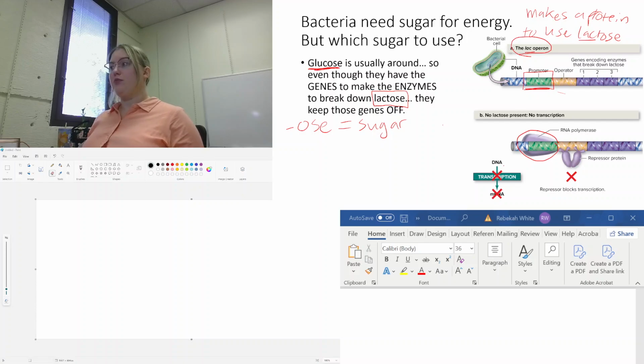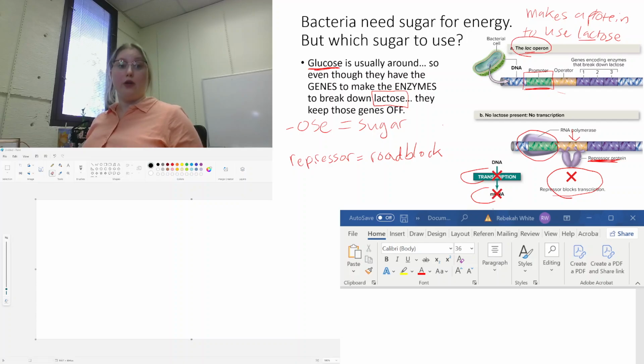If the repressor protein is stuck onto this gene, then we cannot transcribe, right? The repressor is like a roadblock here. If we can't transcribe, we don't get any mRNA. And if we don't have any mRNA, we don't get a protein.